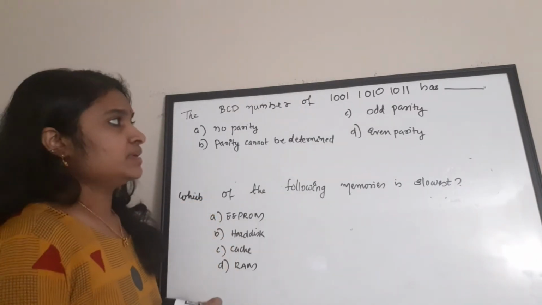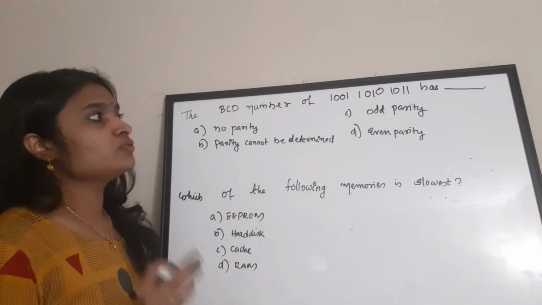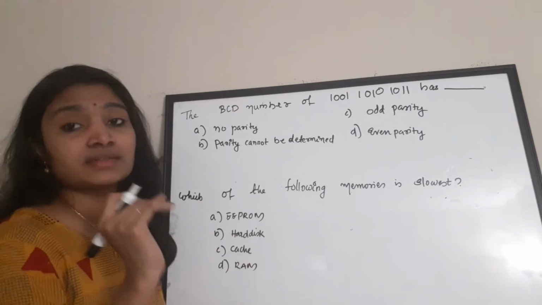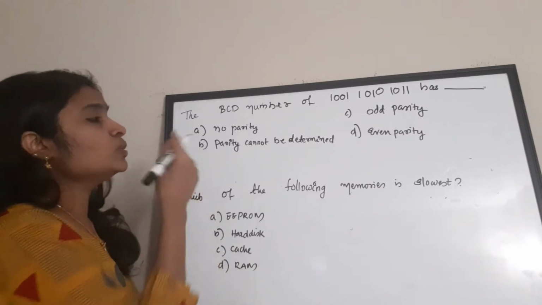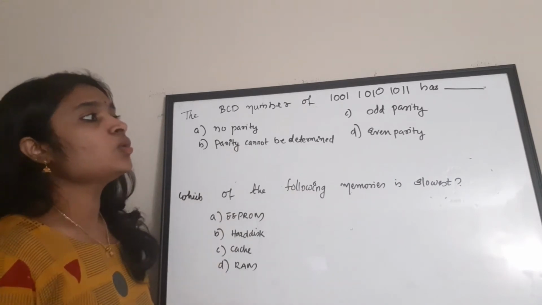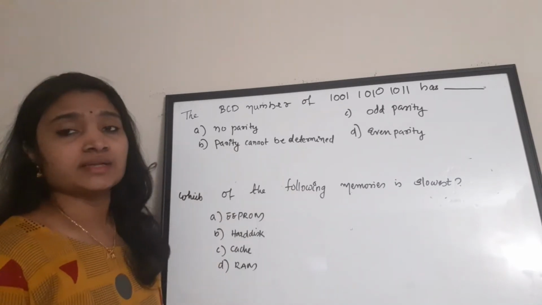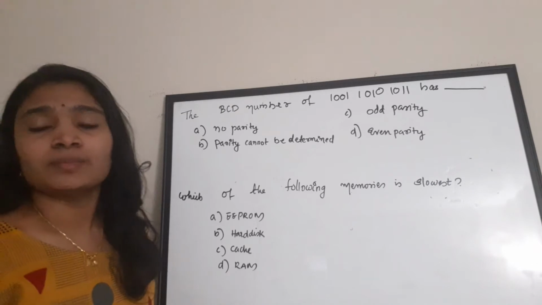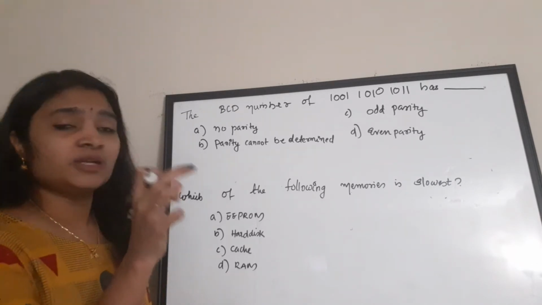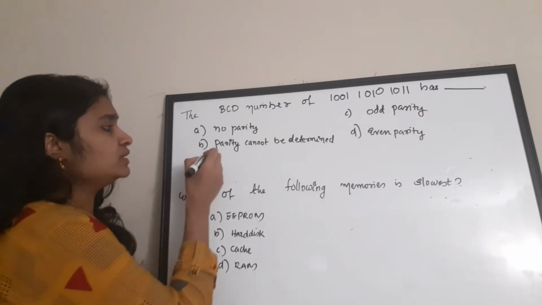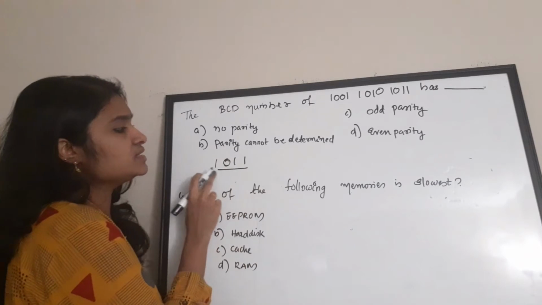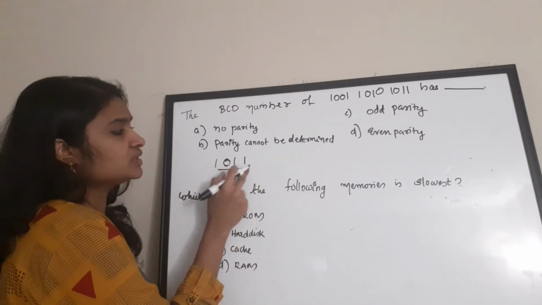The BCD number of 1001, 1010, 1011 has dash. A, no parity. B, parity cannot be determined. C, odd parity. D, even parity. Now what is actually parity? Parity means the number of ones present in a particular number. Okay, for example, if this number 1011 is given to you, this number is having 1, 2, 3 ones, right?